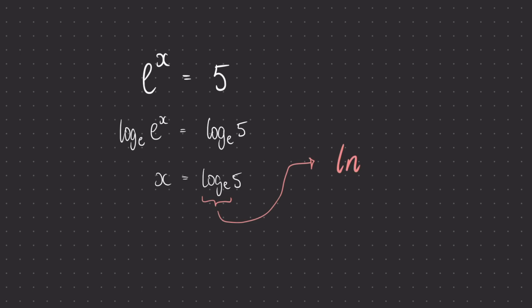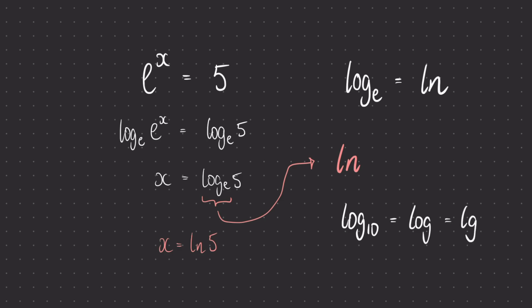We would write it like this, ln, and on your calculator you should be able to find this button here. We could rewrite this final expression as x equals ln 5. So to summarize, log to the base e is ln. You might also see log to the base 10 being shortened to just log, or lg.